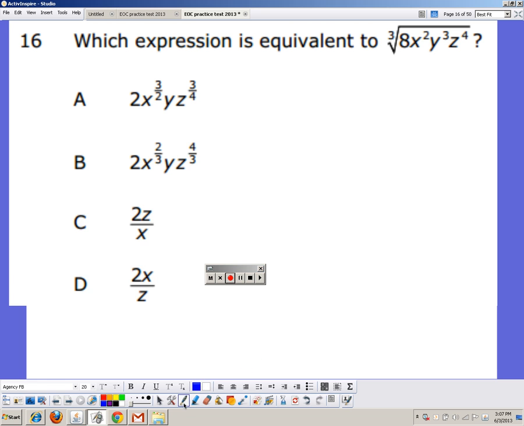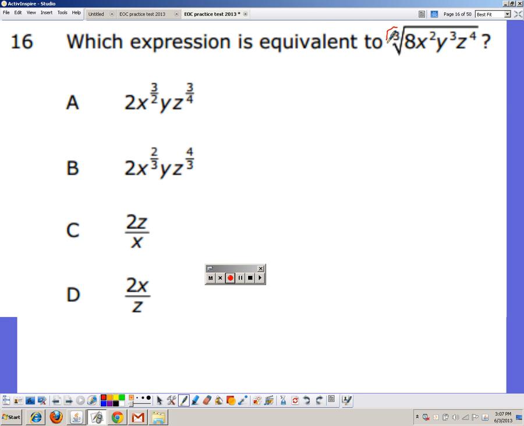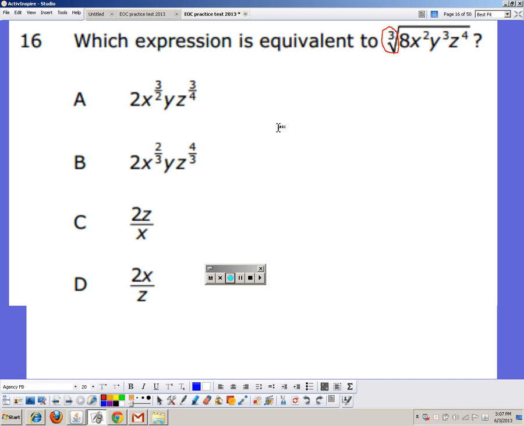Here we are talking about a cube root. Remember, cube root means what item times itself again, three times, will give me the item underneath the radical. So we're going to do each part underneath the radical one at a time. The cube root of 8 is 2 because 2 times 2 times 2 is 8.